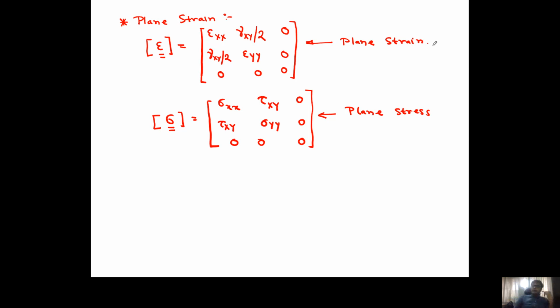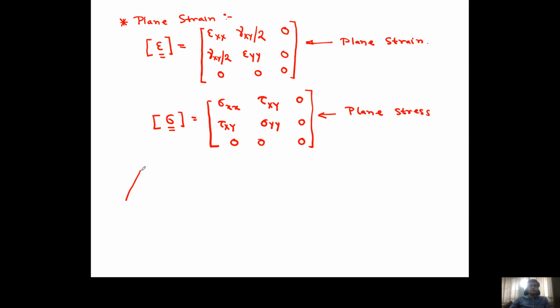Now, for plane stress condition, we talked about that it can be observed if one of the dimensions of a plate is significantly smaller as compared to the other dimensions.